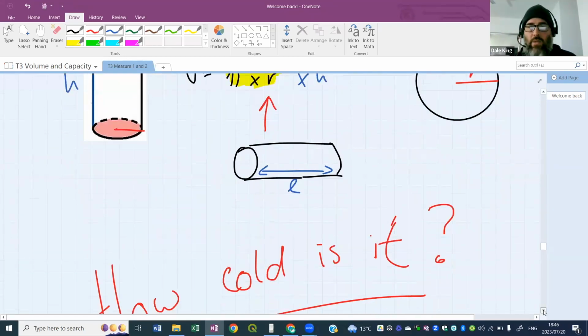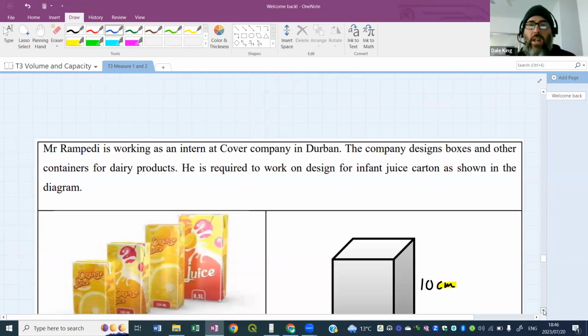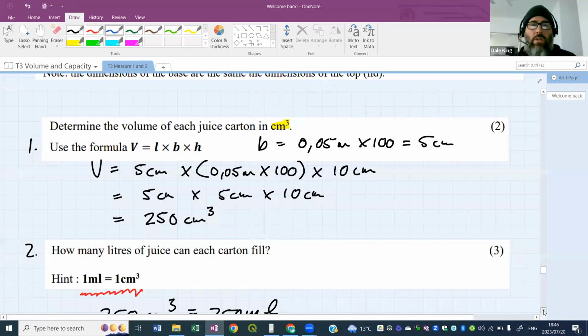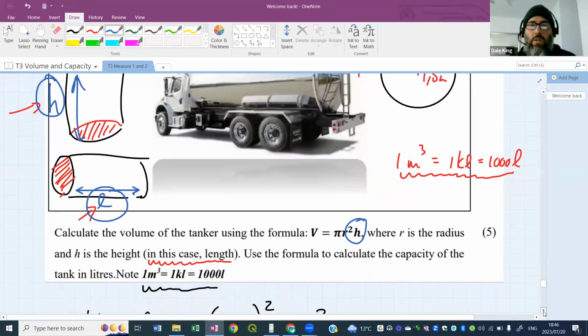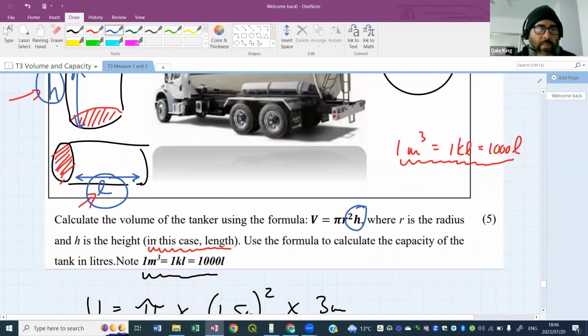In this question, they did remind you, don't worry, we have changed the name of it. When we say length, it actually means height. So the formula is asking for a height, and they say in the bracket, H is the height, but in this case, it's length. Usually they don't write this part in brackets, and you've got to know that the cylinder is lying down, and the length they're talking about is the height that the formula wants.